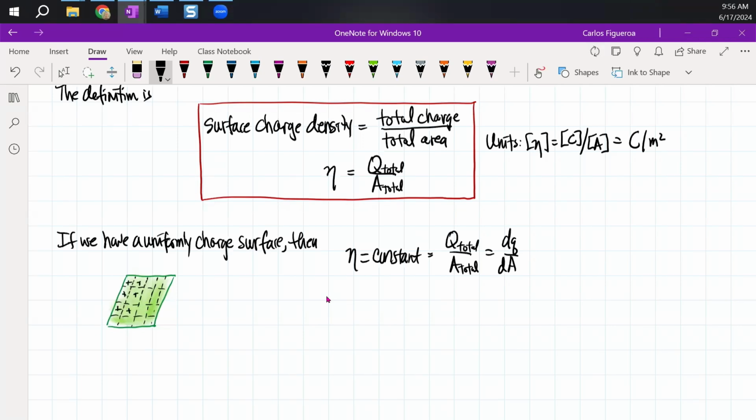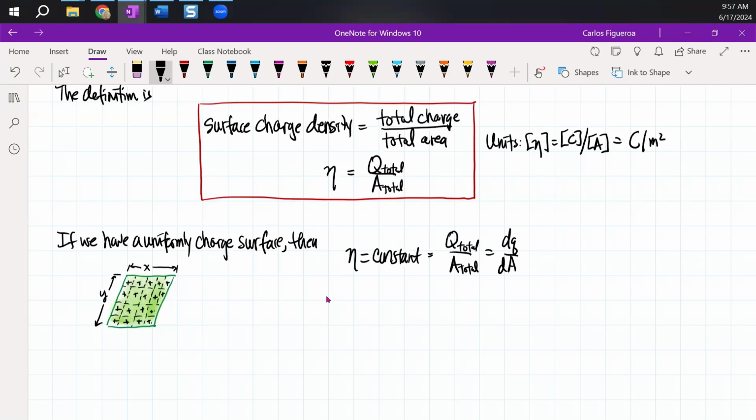Then each little unit has a charge that looks something like this. Clearly that's a surface right there, and if this is a plane, I can define this as x and this as y, and that's going to give me my area.